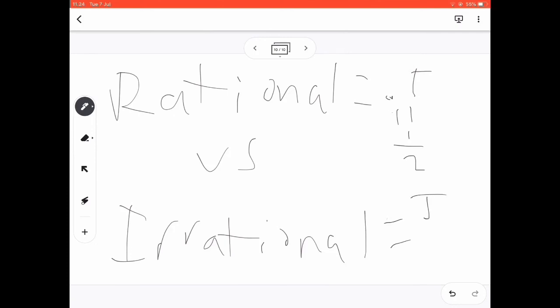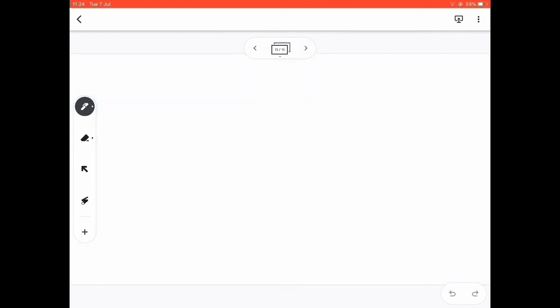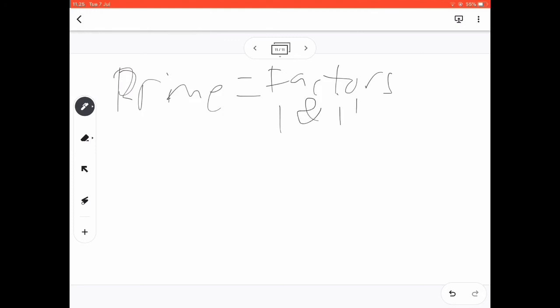So basically pi or square root 2, and also square root 3 and other numbers, I guess. Prime numbers are simple. They have only 1 and themselves as factors, like 2, 3, 5, 7, 11, 13, and so on.